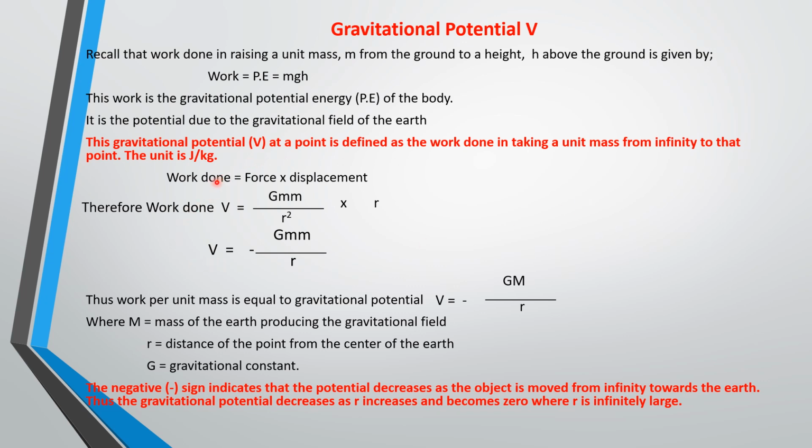We know that work done is equal to force times distance. In this case we are representing distance with r, and force as F. Now when we discussed Newton's law of universal gravitation, this is what we arrived at: the force F is equal to G m1 m2 all over r squared.